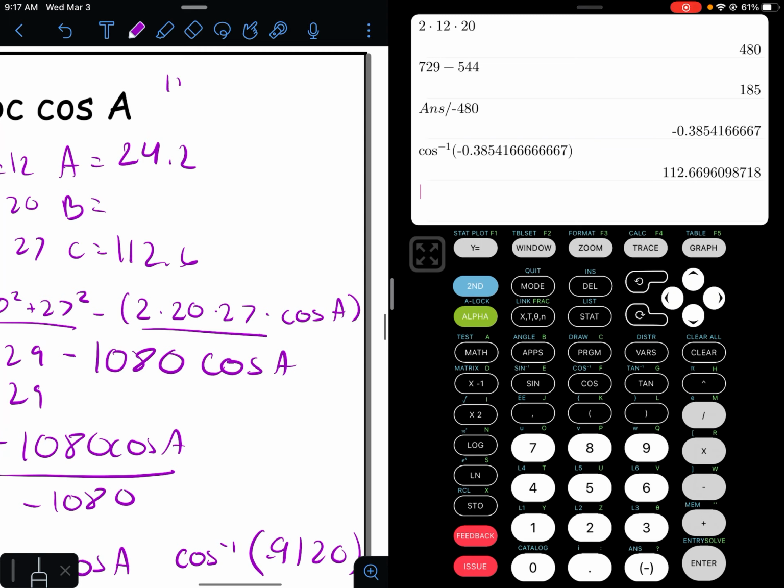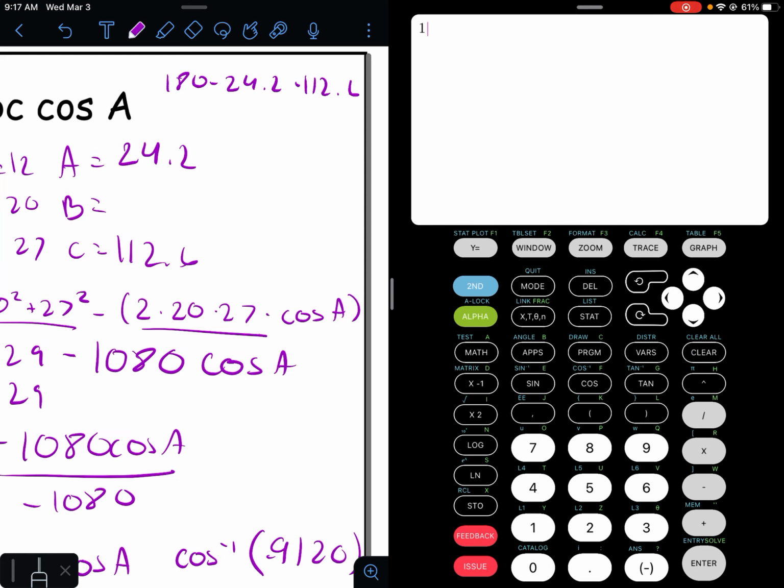Then to find angle B, we're just going to do 180 minus 24.2 minus 112.6, and we get 43.2.